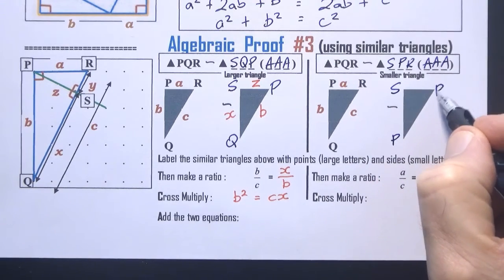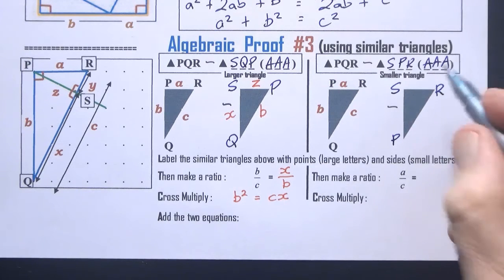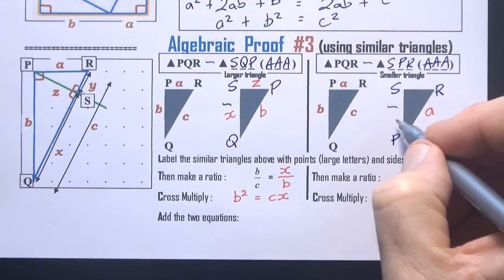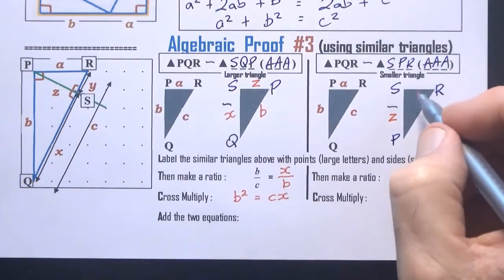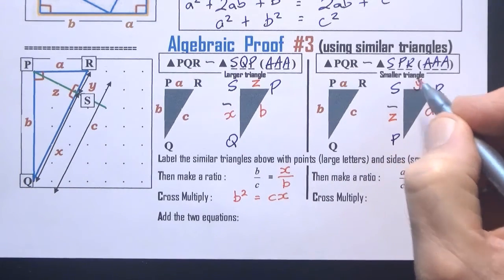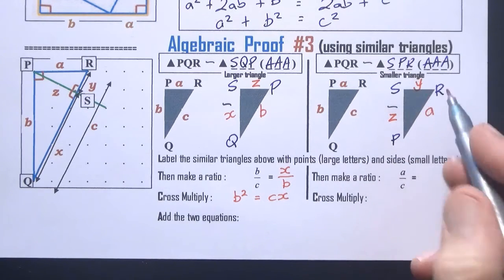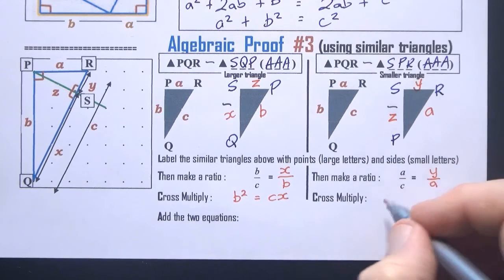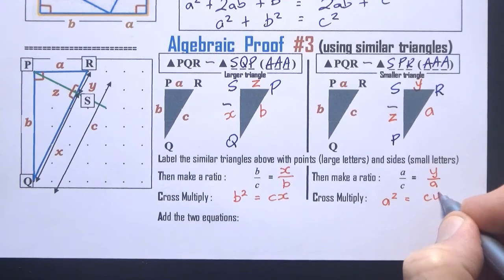If we look back at the diagram, PR is A, SP is Z, and SR, well, that's Y. And now we're going to make a ratio A over C equals Y over A. Cross multiply, A squared equals CY.